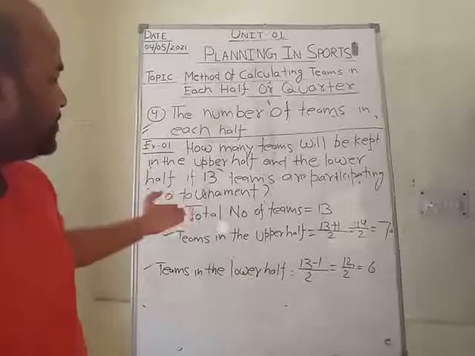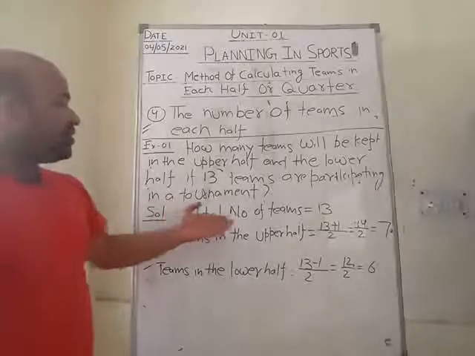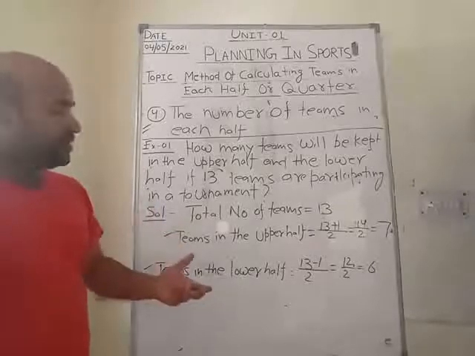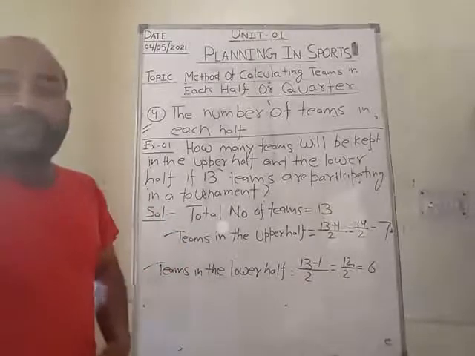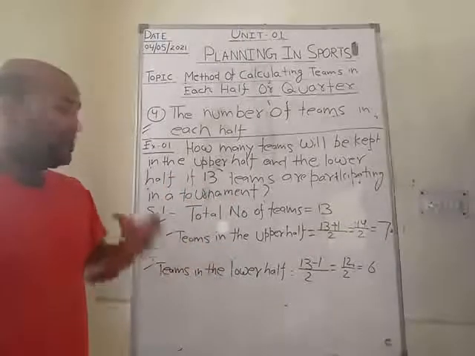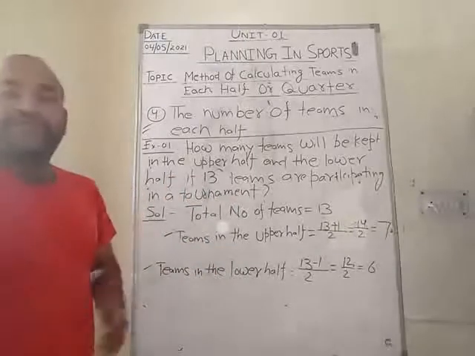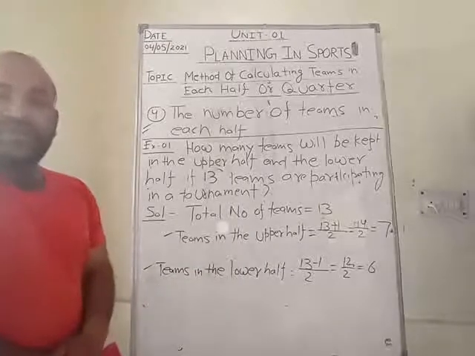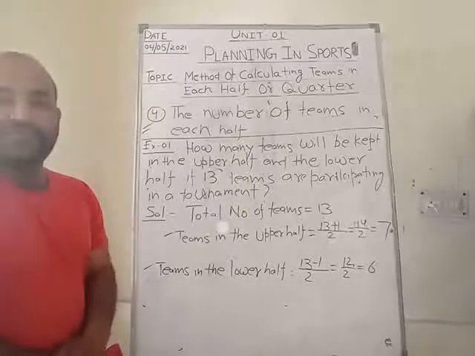So solve it: the total number of teams in the upper half is total number of teams plus 1 upon 2, and for the lower half, total number of teams minus 1 upon 2. This is solved for 11 teams and 13 teams.